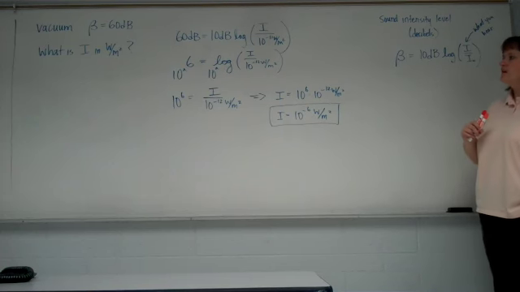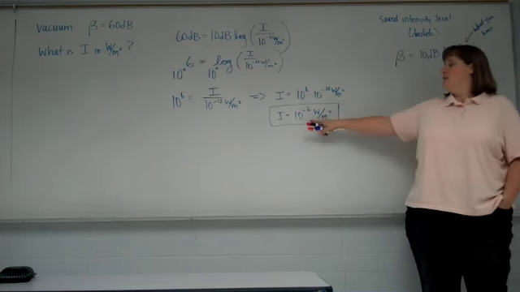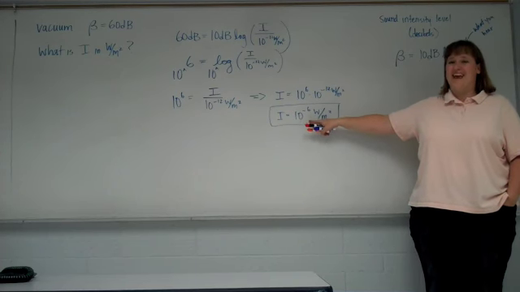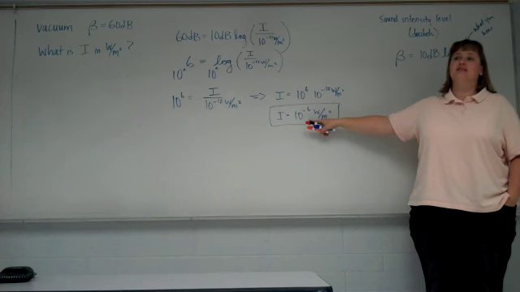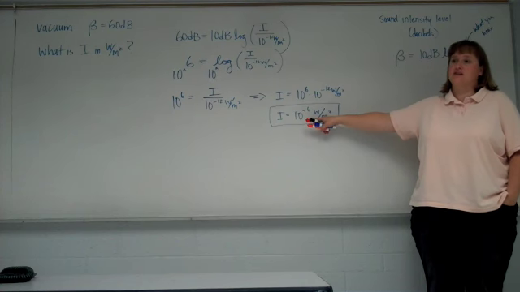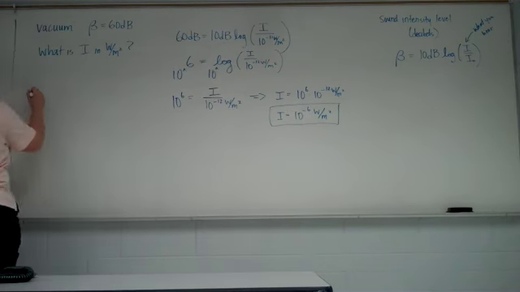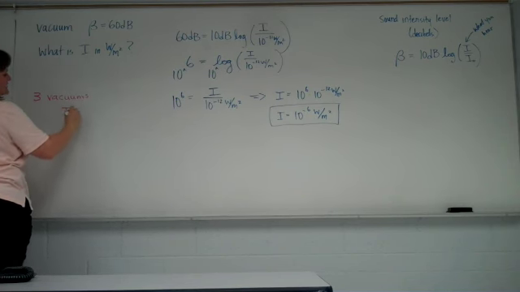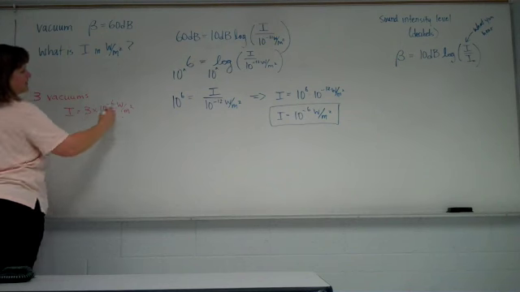So let's say we have 3 vacuum cleaners going. If there's 3 vacuum cleaners, we can multiply this by 3. The actual true intensity in watts per meter squared, that is perfectly valid. If you have 3 vacuums, then you have 3 times 10 to the negative 6 watts per meter squared.